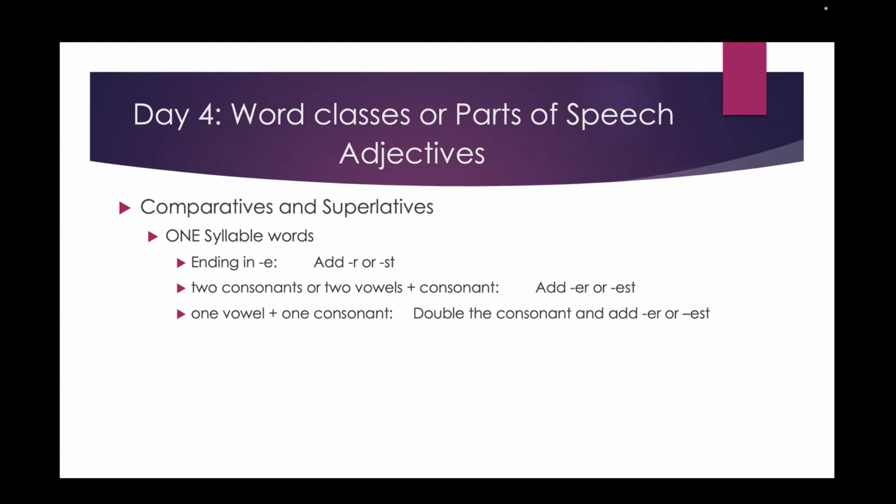And for that, if we want to use an adjective that compares two things, two sites, for example, those adjectives ending in E use the R ending, and the ST ending if we want to talk about the superlatives.